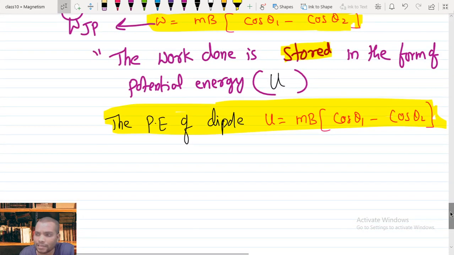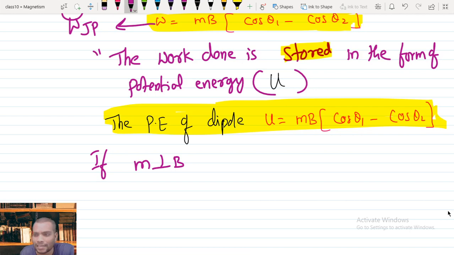Suppose we take a case where the magnetic moment M is perpendicular to B, and theta is the angle measured like that. Then we find the potential energy of the dipole at an angle.